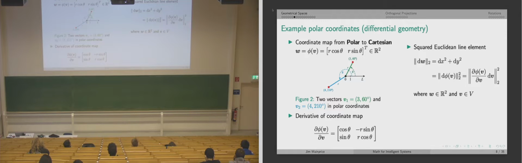Now, we know that W is equal to phi, and so we can replace W by phi, and then apply the chain rule here.